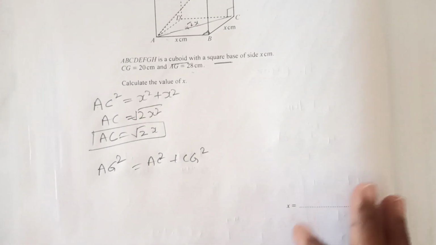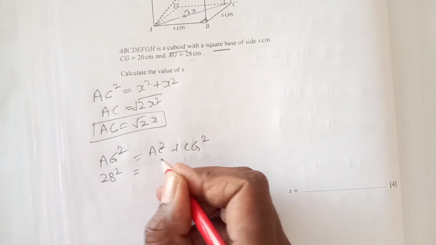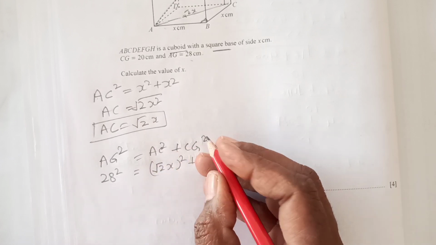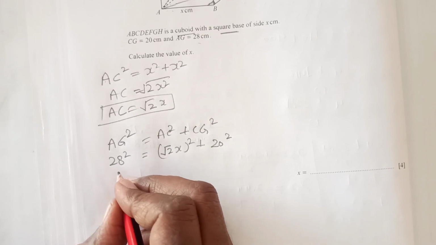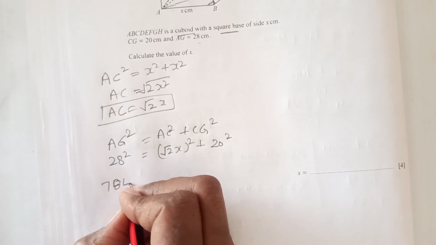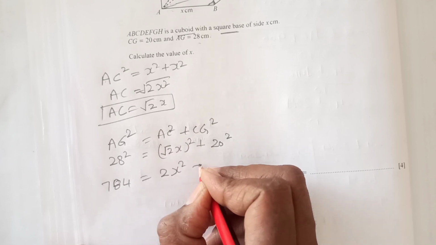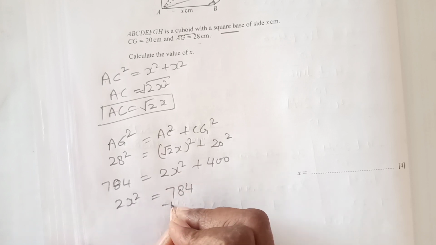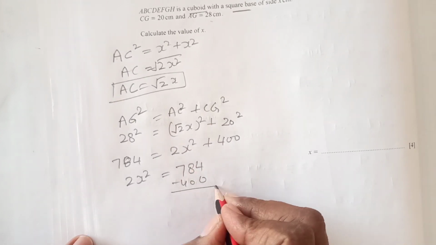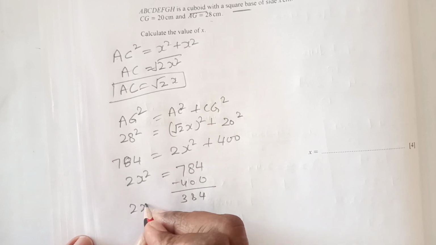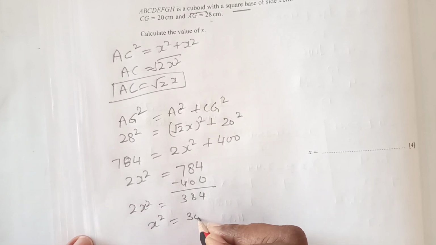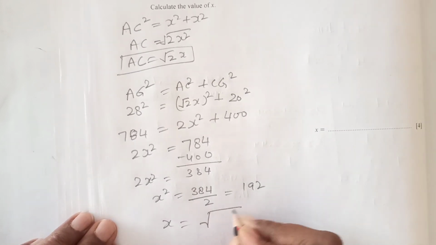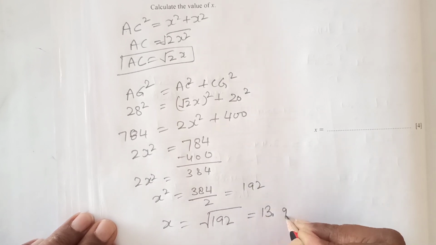So it is going to be 28 squared equals square root 2x squared plus CG is 20 from the diagram, right? So this is 784 equals 2x squared plus 400. So 2x squared is 784 minus 400, which is 384. So x squared is 384 divided by 2, which is 192. x is square root of 192, which is 13.9.